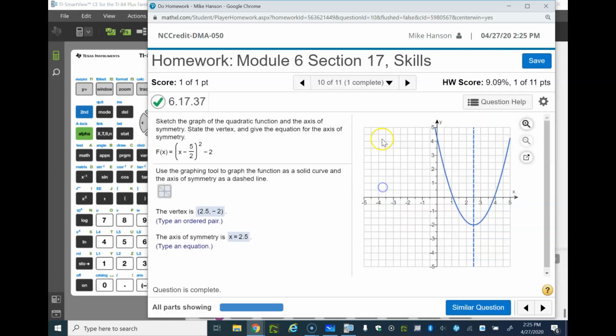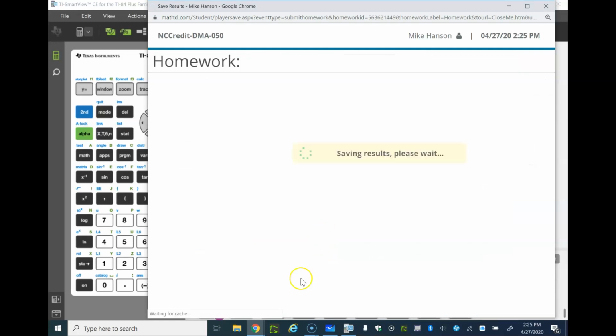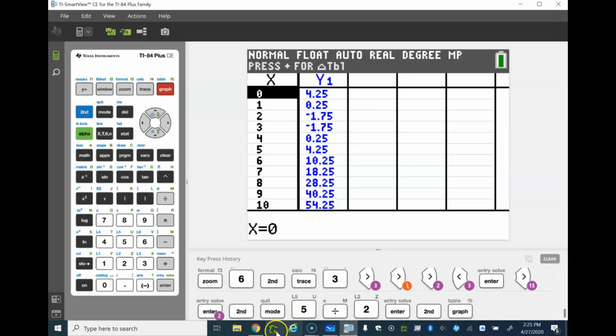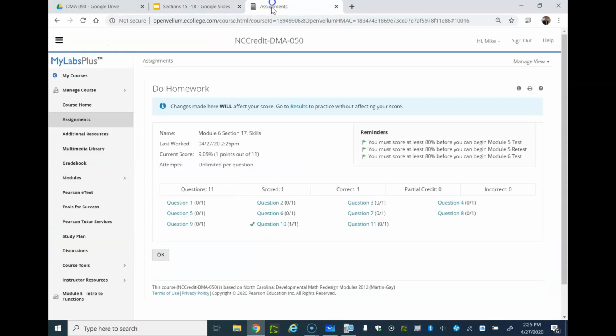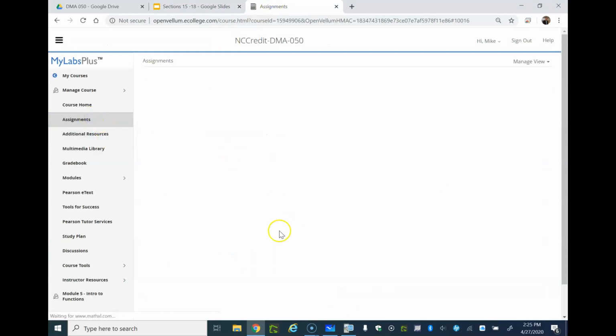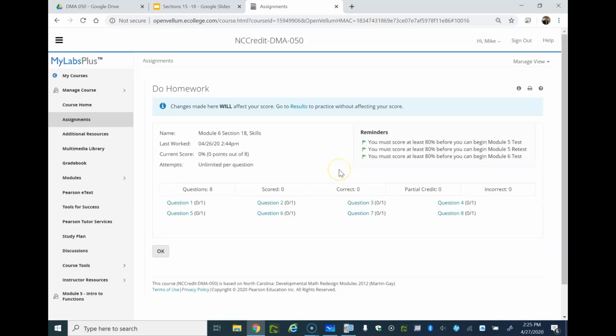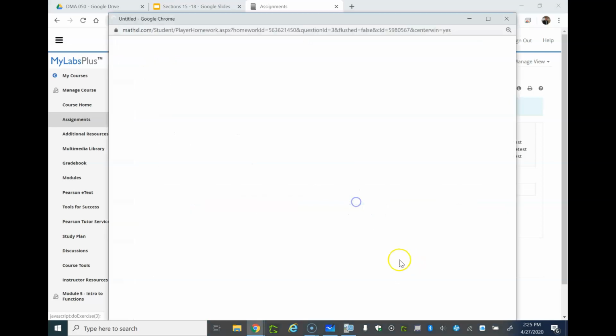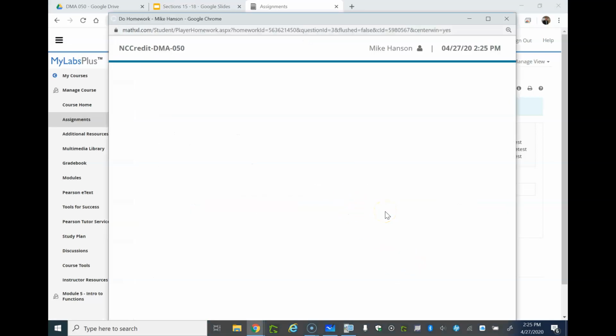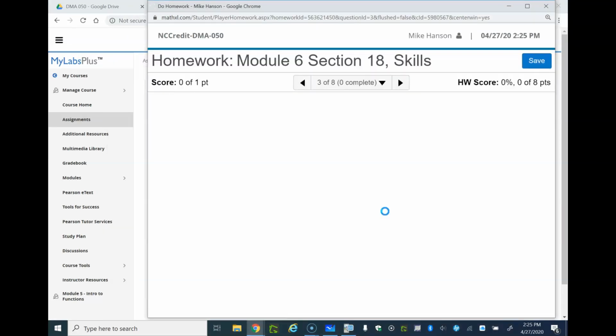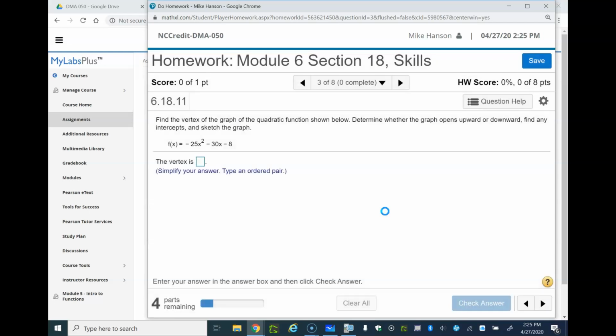So let's move on to section 18 now. And just look at number 3 for that one. Here we have a lot, the numbers are a little bit bigger, but like I said, it shouldn't matter with the problem.